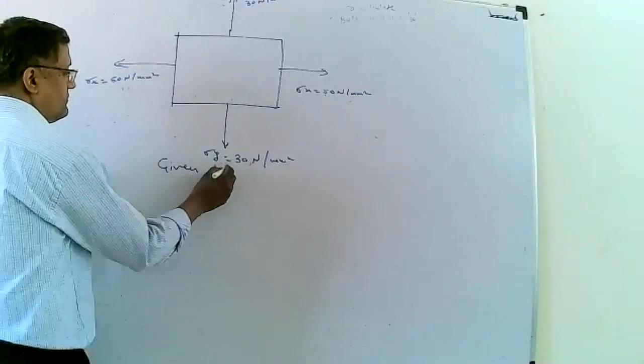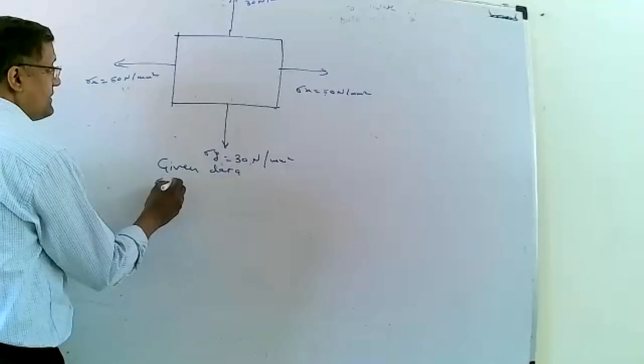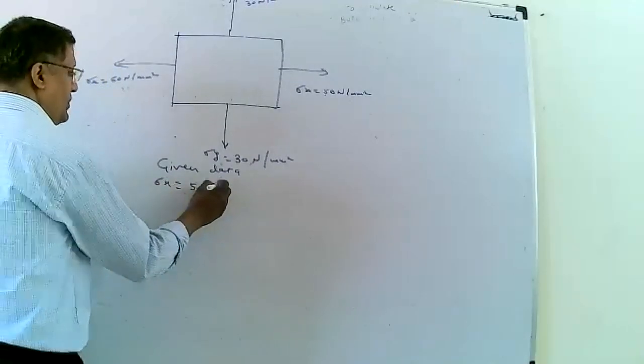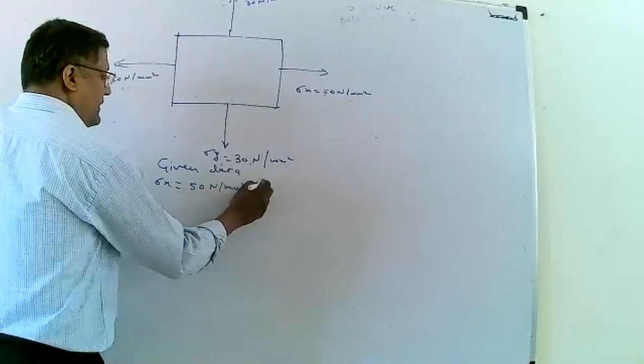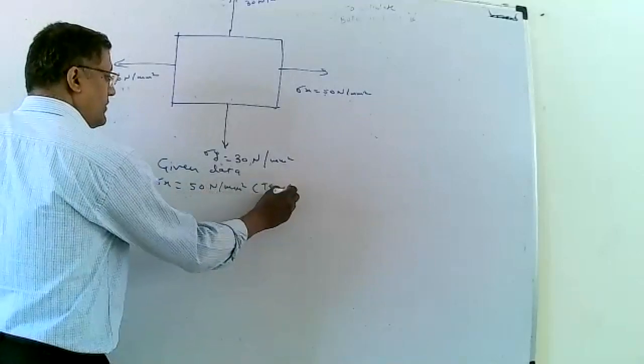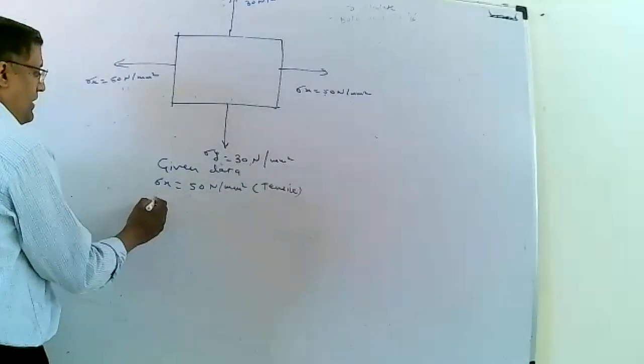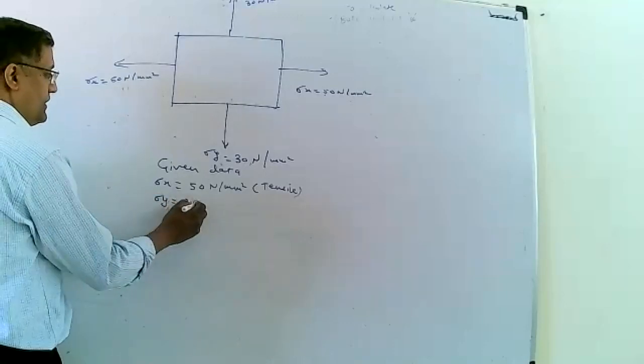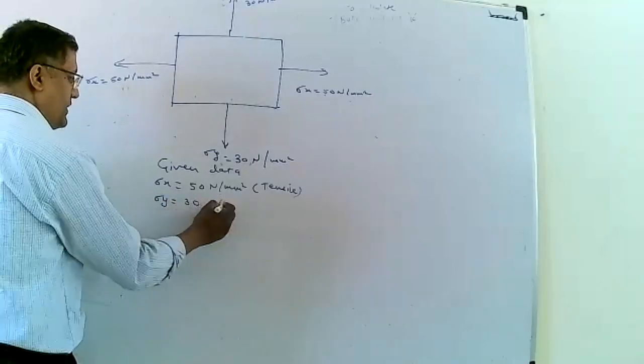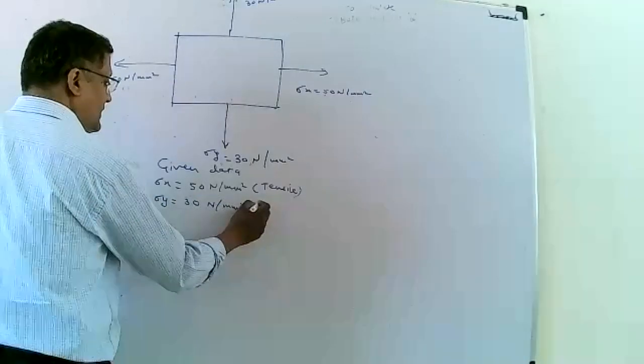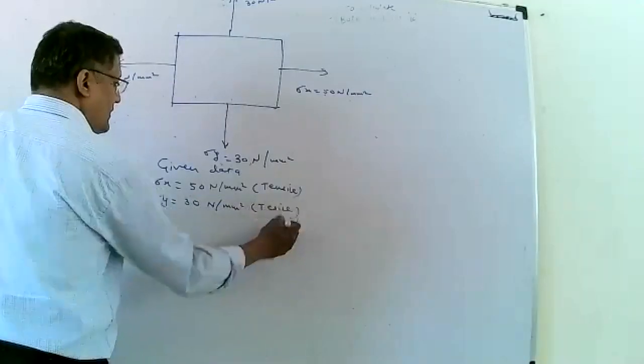Given data: sigma x, that is 50 Newton per mm square, tensile. Then sigma y, that is equal to 30 Newton per mm square, that is tensile.